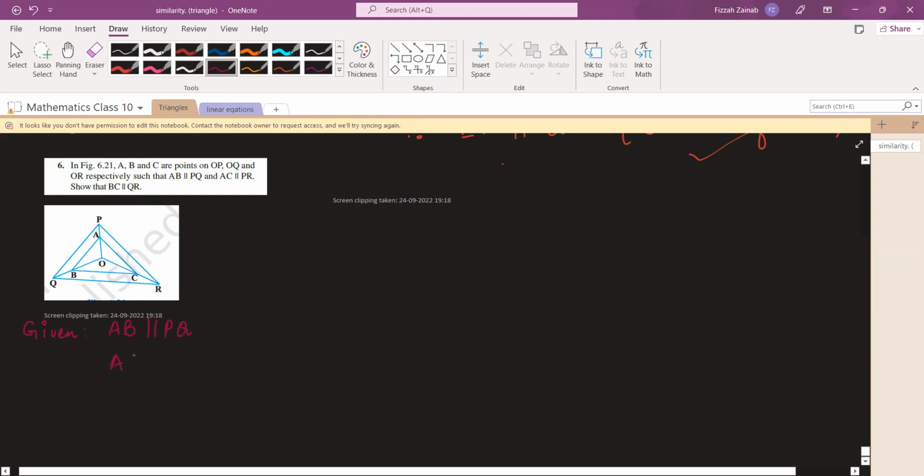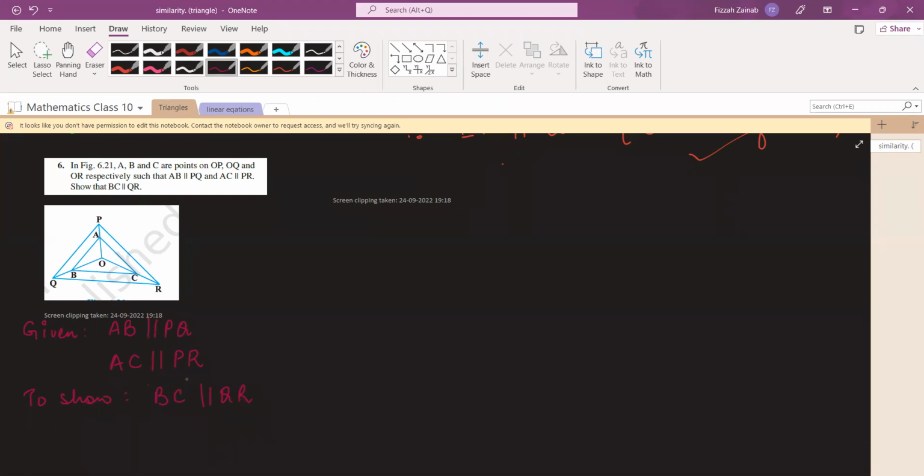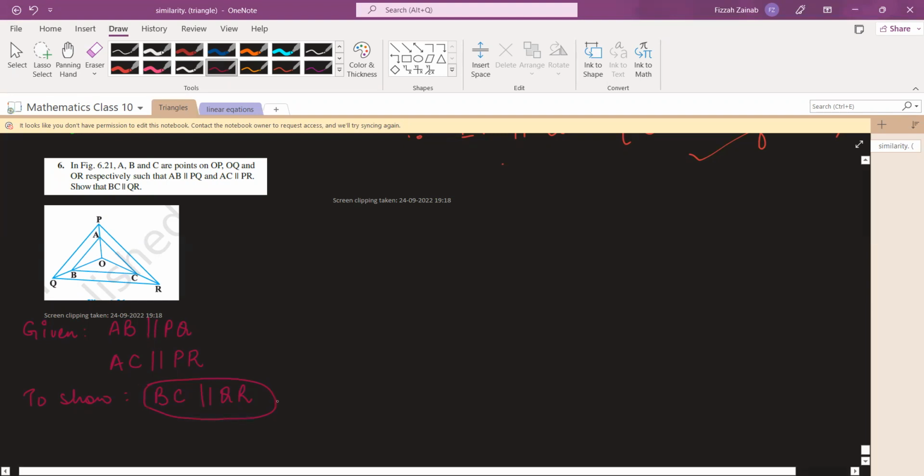Second thing which is given, AC is parallel to PR. To show, you have to show that BC is parallel to QR. So here is a hint. Ultimately, in the end, you are going to use converse of BPT.